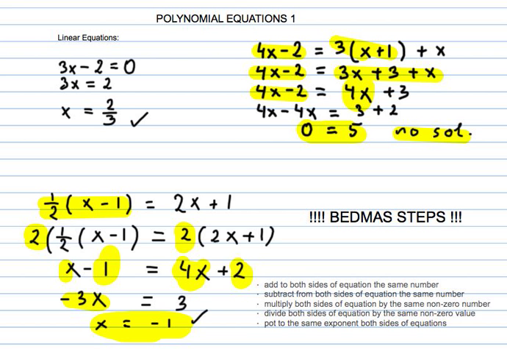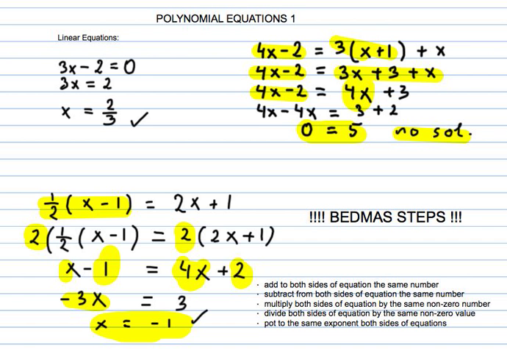Also, there are rules for solving equations, which are listed right here. You can add to both sides of an equation the same number. So this is, for example, when you're shifting variables from the left side to the right side. This occurs because you add or subtract the same value to both sides of that equation.